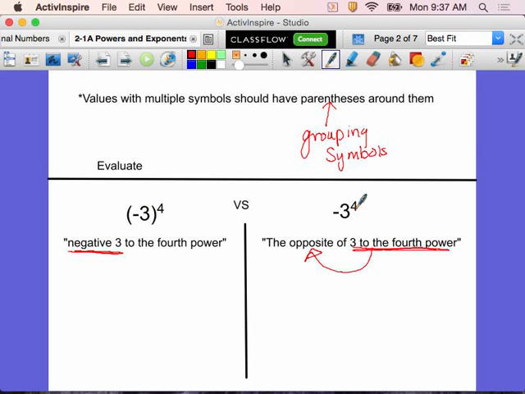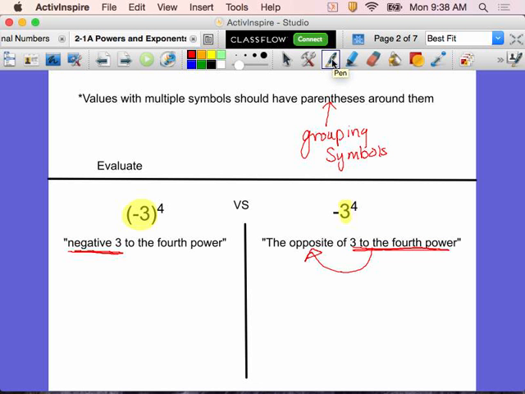Over here, the 4 is touching the 3, so the 4 is only acting on the 3 and not the negative. Let me highlight this. This is your base because of the grouping symbol, and over here, your base is just the 3 because that is the only thing that the exponent is acting on. So you can see how similar they look, but they're very different.